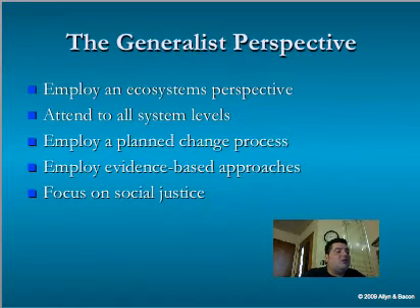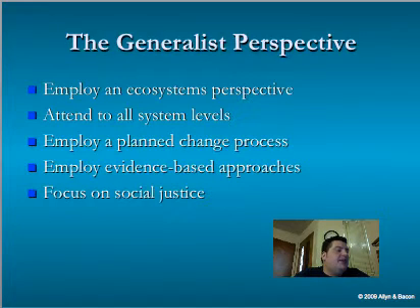The generalist perspective is strongly rooted in systems theory, and the ecosystems perspective that developed out of systems theory provided the framework for development of a generalist approach to social work. The system is seen as a way for social workers to be involved in varying levels of social change, and the ultimate goal, whether someone is working on the national level or not, is to affect positive change for the individual, whether or not they're working with that individual.